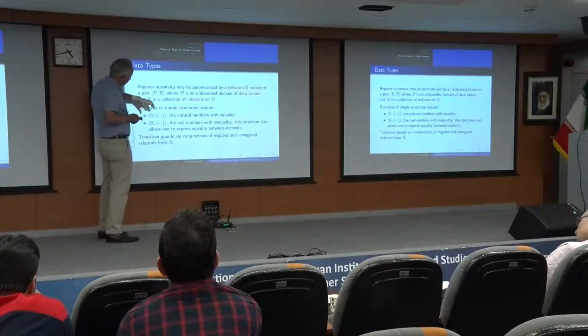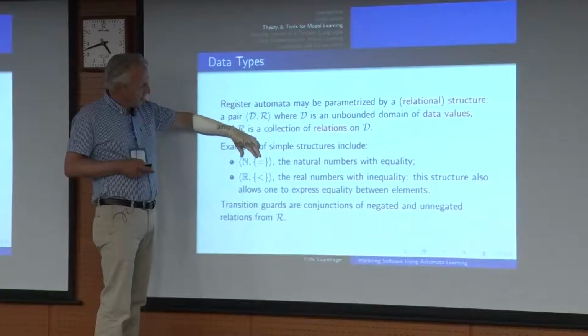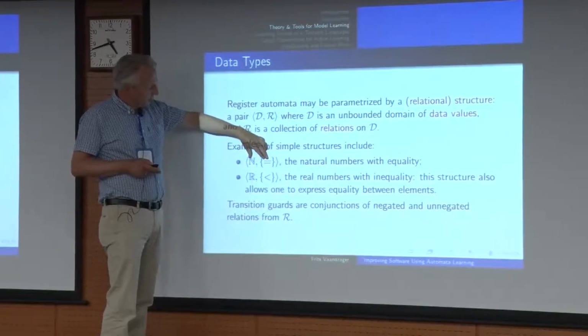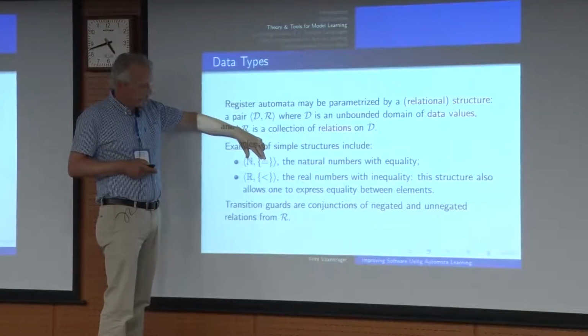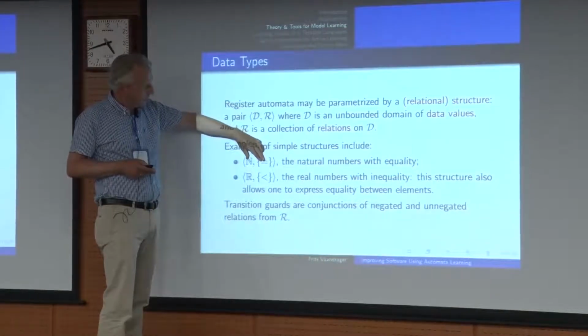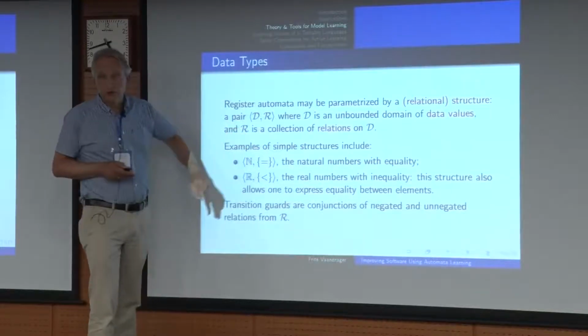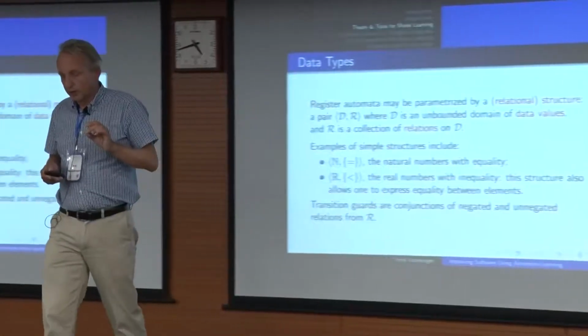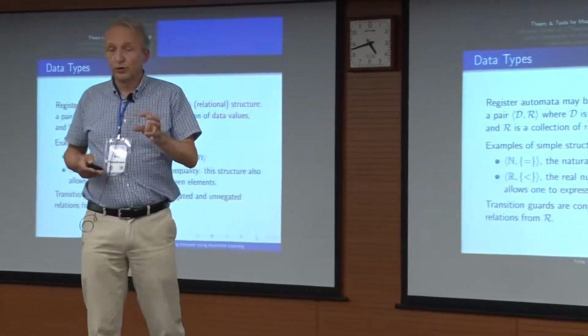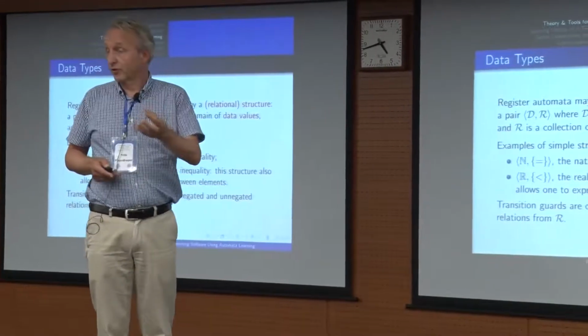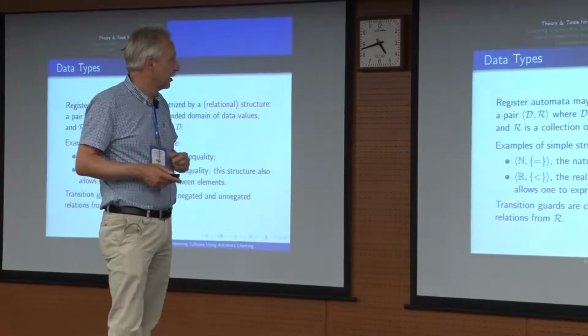In fact, we can do slightly more than just testing for equality. People have implemented extensions where data values are natural numbers and you can test for equality. But there are also extensions where parameters can be real numbers, and you can have tests for inequality, less than.